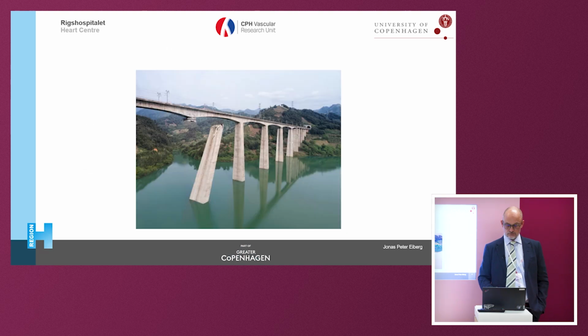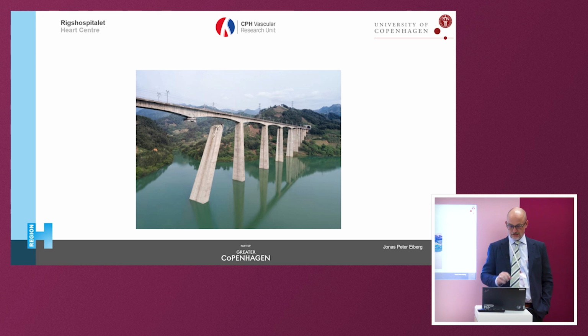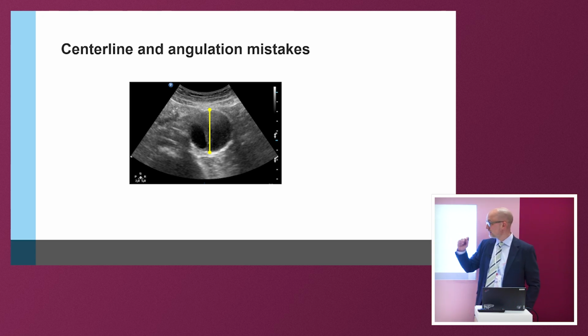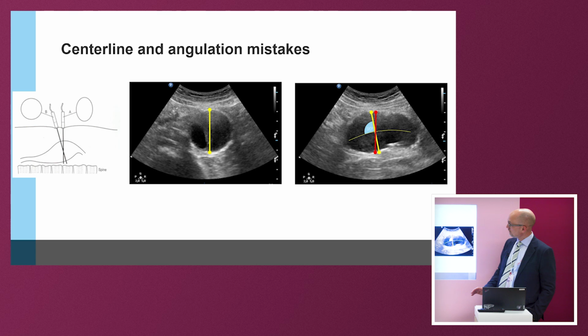But can you imagine some pitfalls in this strategy? If you're going to measure a diameter, I will help you with that. So this looks simple. You're just measuring the AP diameter from the anterior wall to the posterior wall. But can you be sure that you don't have this angle issue?